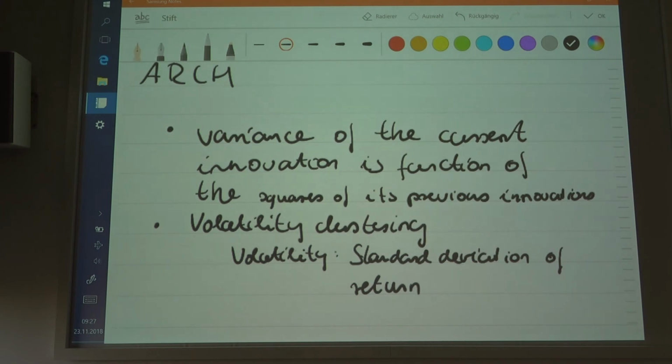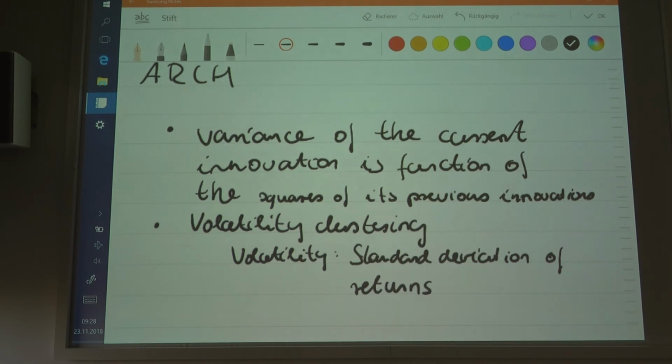So these are the returns. You take these relative changes and then calculate the standard deviation of them, and that will be the volatility of the asset. So the standard deviation of returns.